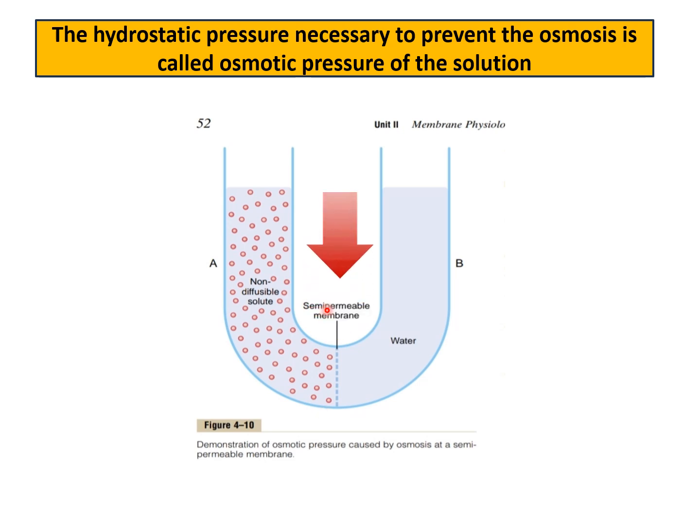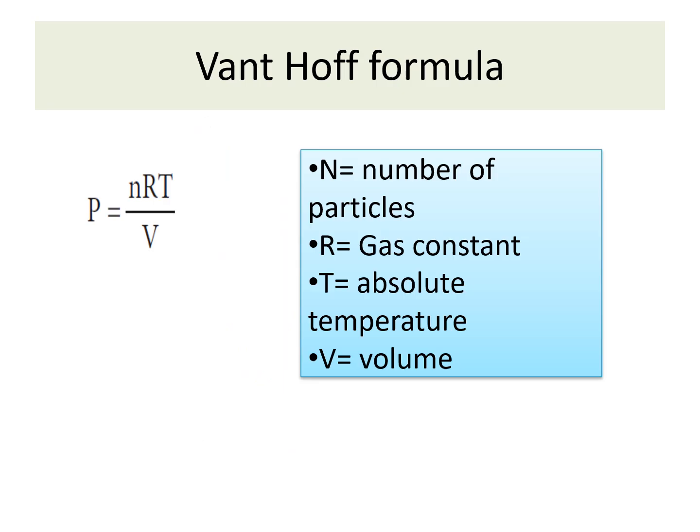These two things we need to know. Now osmotic pressure is like the boiling point elevation or freezing point depression. It is a colligative property. Okay, so it depends on the number of particles rather than the type of particles in the solution. That is, it is a fundamental colligative property of the solution.